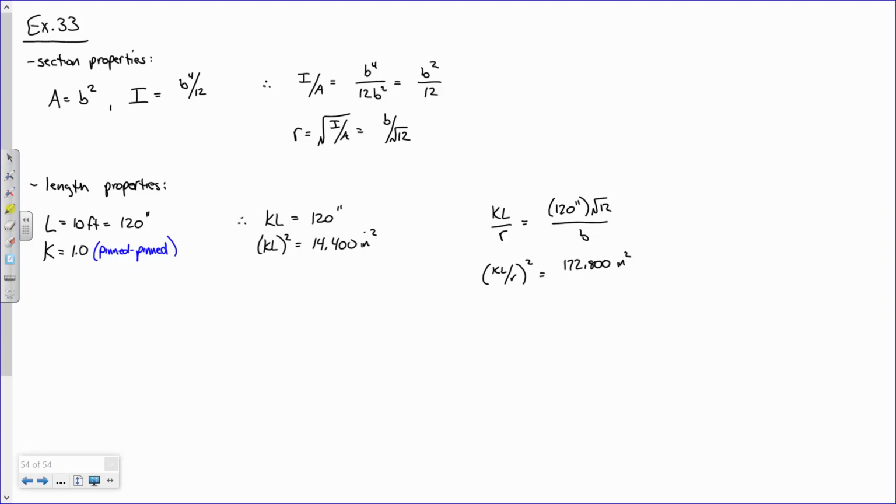And that's inches squared over b squared. What do we think? So far, so good? Okay.